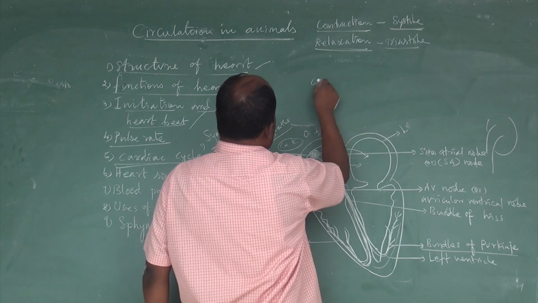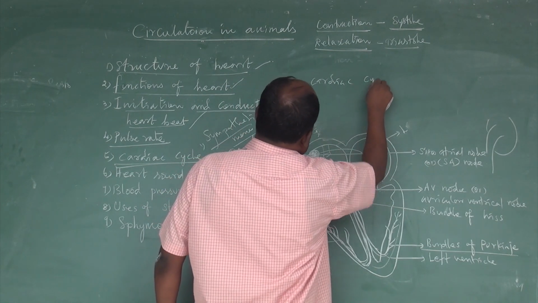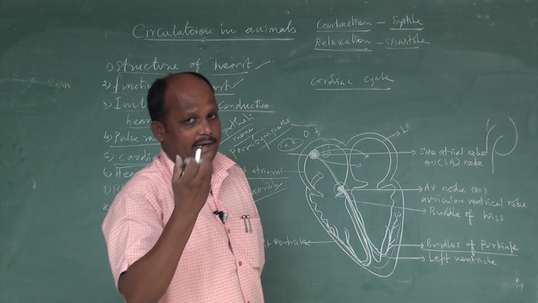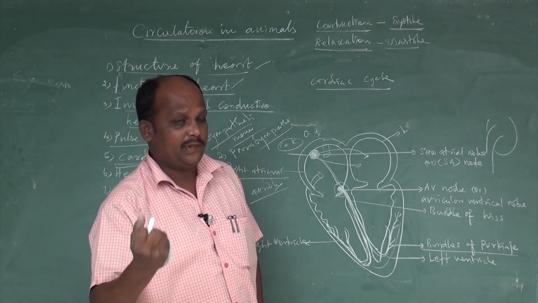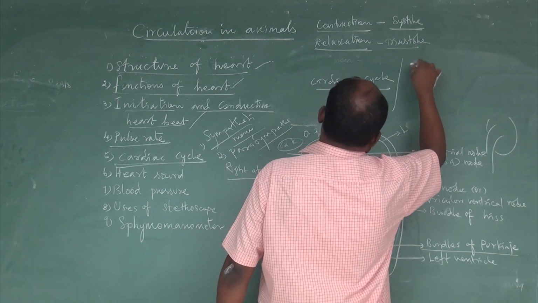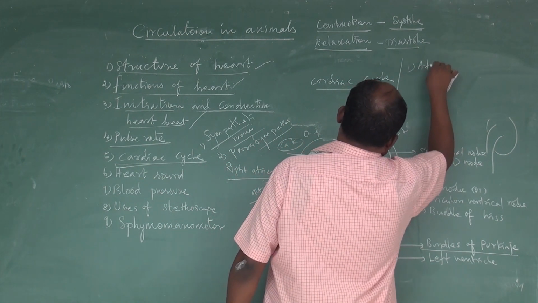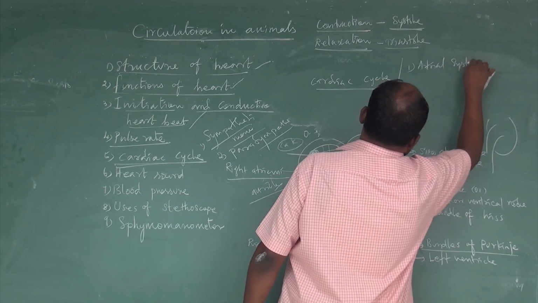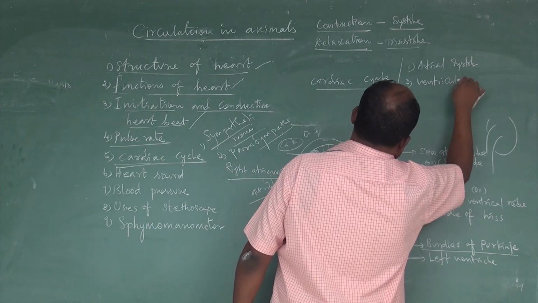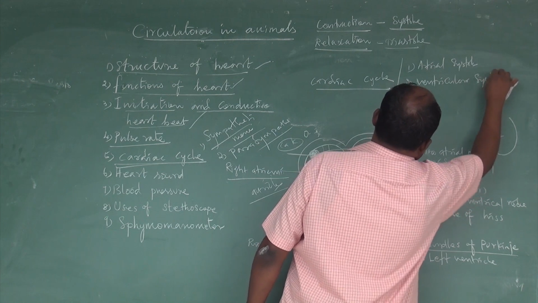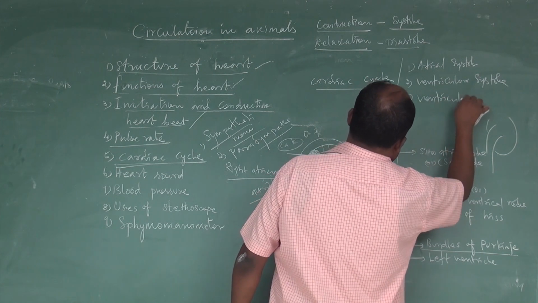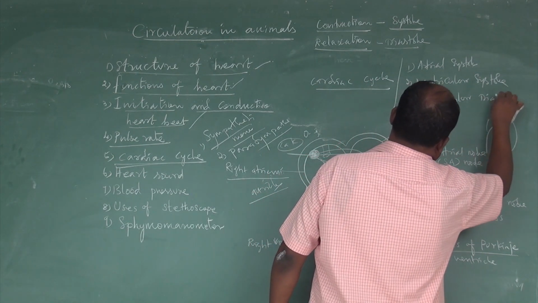So the cardiac cycle depends on systole and diastole. Systole means contraction of the heart muscles, and diastole means relaxation of the heart muscles. It includes three events: first, atrial systole; second, ventricular systole; third, ventricular diastole.